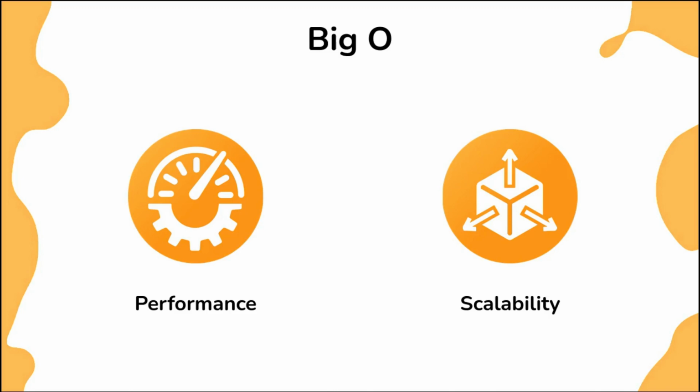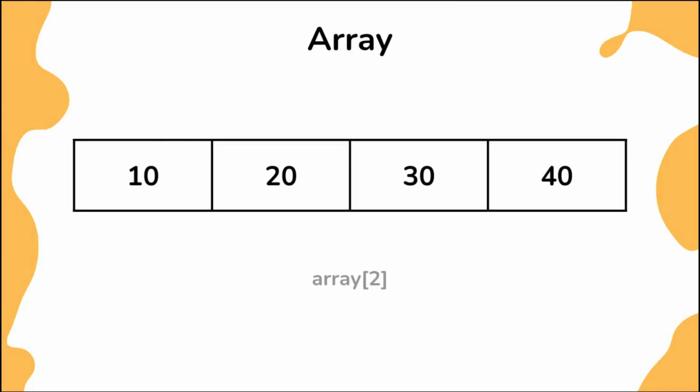But what does this have to do with data structures? Well, certain operations can be more or less costly depending on what data structure you use. For example, accessing an array element by its index is super fast, but arrays have fixed length, and if you want to consistently add and remove items, you have to resize the array.